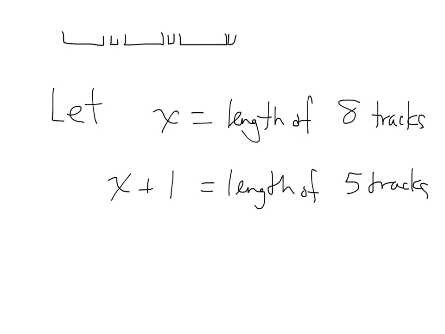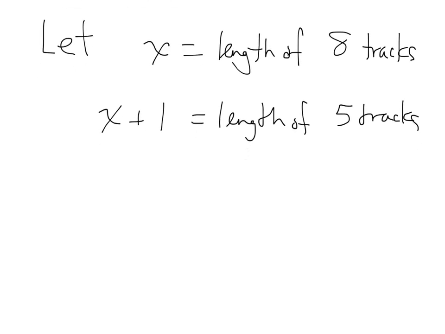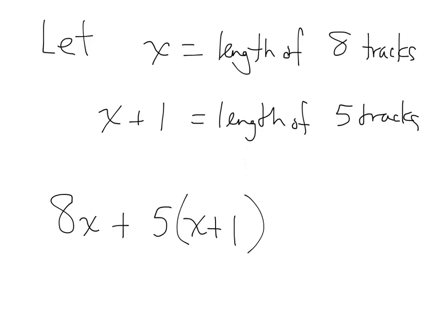So I want somebody else to give me the equation I would use here. Nina, what do you got for the equation? 8x, because there's 8 of those songs at x length, plus 5 times the quantity x plus 1, because there's 5 songs that are all a minute longer than those 8 songs. Keep going. Plus 12 times a quarter.